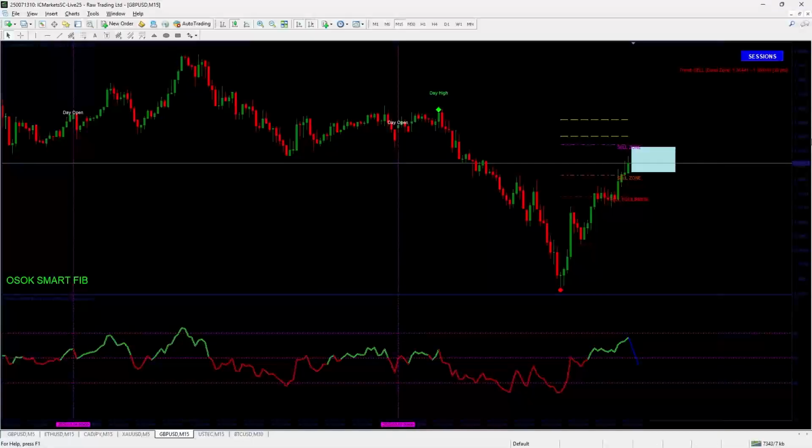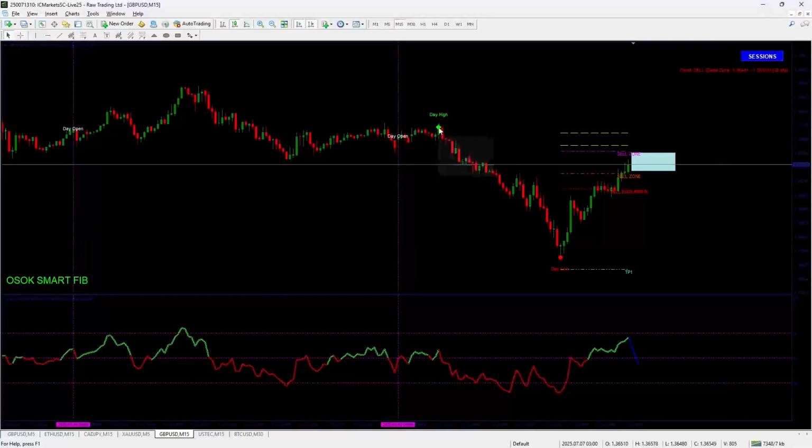For example, I intentionally coded it to highlight the high of the day, the open, and the low, because those are used in the calculations according to Fibonacci, right? The application from high to low or from low to high is based on the trend.